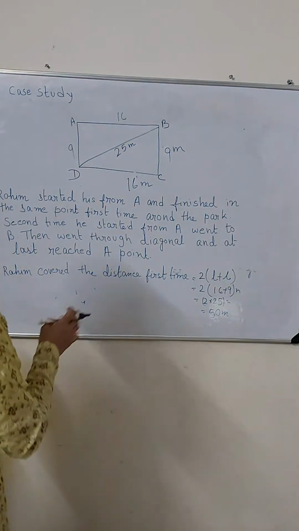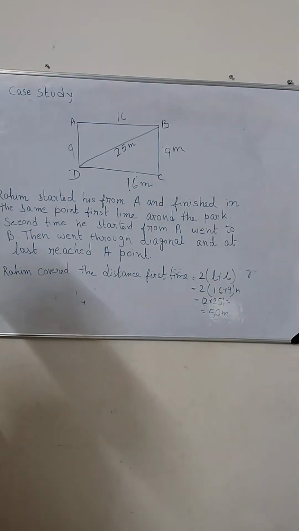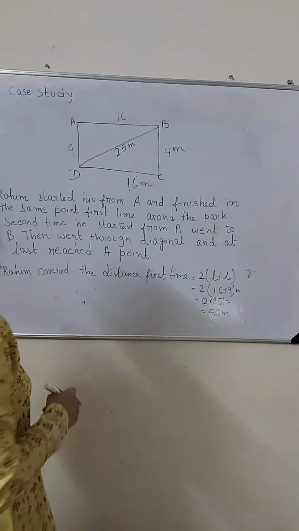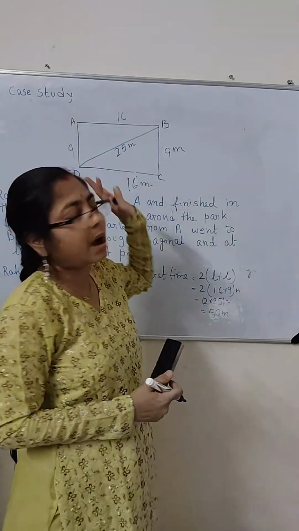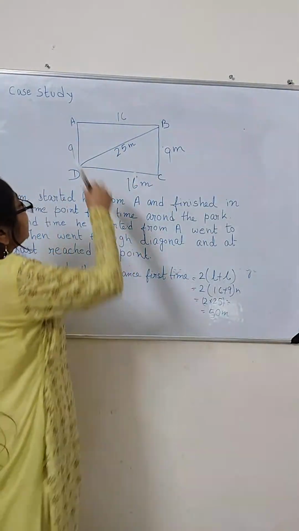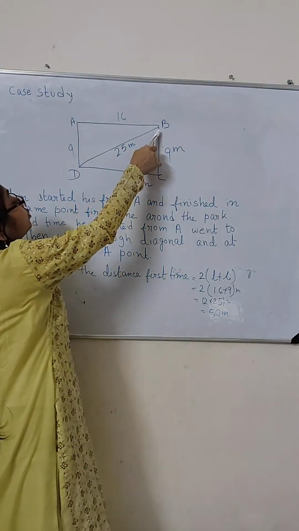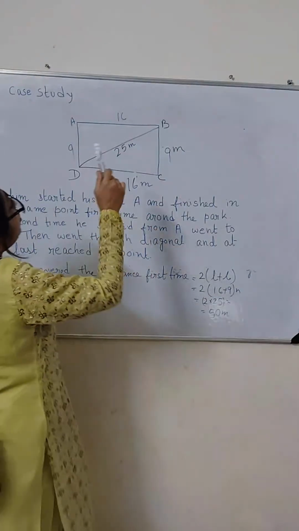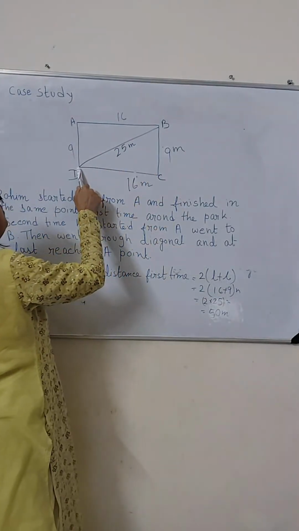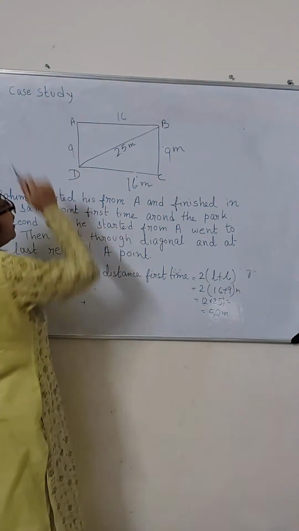But say it is the third part, okay. Second time covered how many distance? But second time Rahim does not go to the full park. You go to the B point, then you come to the diagonal, D point, and then come back to the A point.